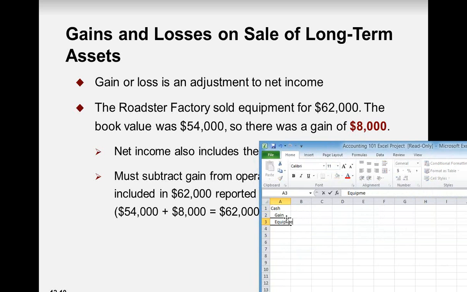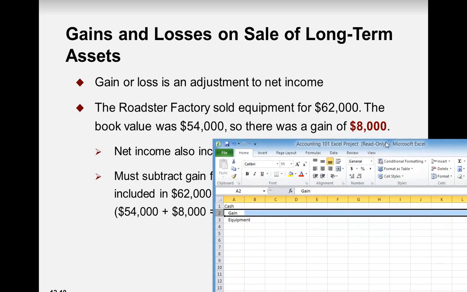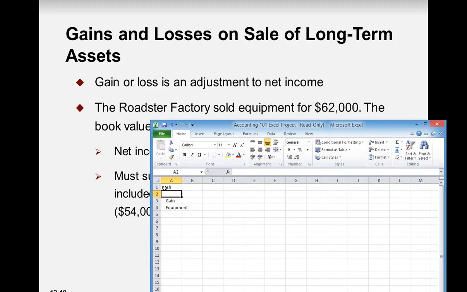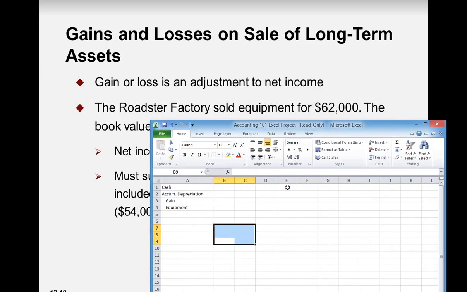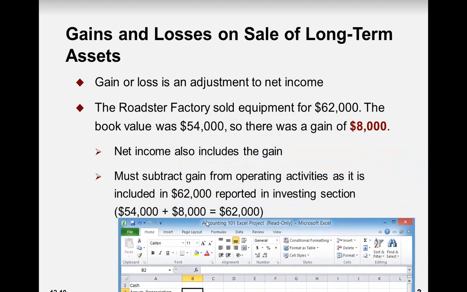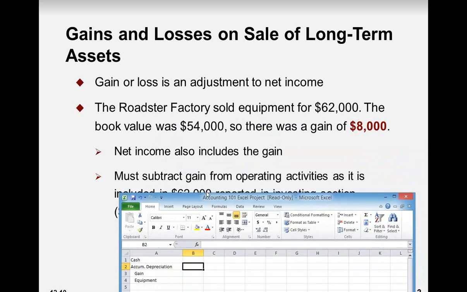Equipment. We would have in this entry as well, which we don't know this number, but we would have the accumulated depreciation for that asset, right? They didn't give us that number, but we don't know what the beginning value, well, maybe we do. Let me look.